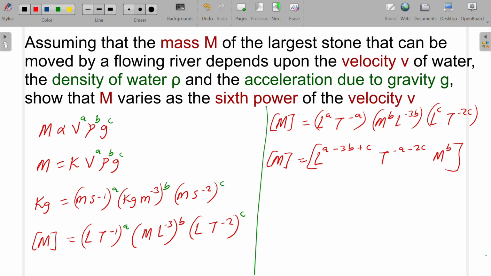All right. So that's what we have. Now, when you reach this stage, we're going to be comparing what we have here with what we have on the left-hand side. Now, what we have on the left-hand side can be rewritten in this format.